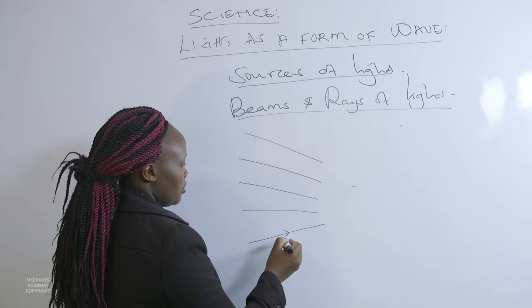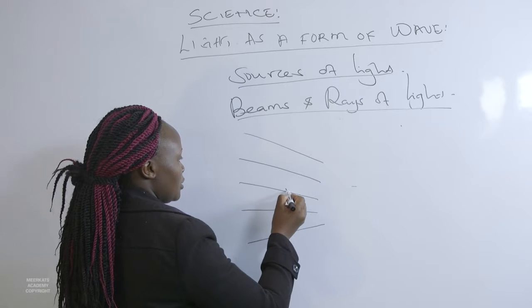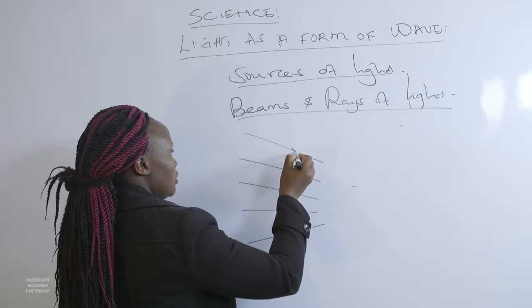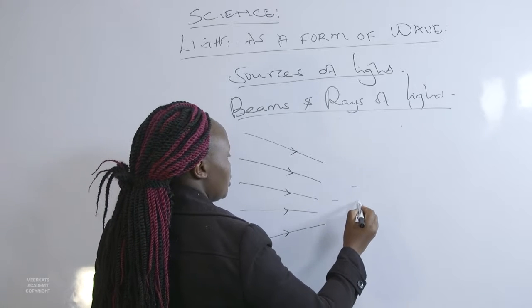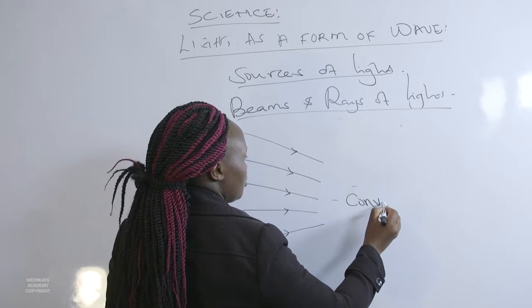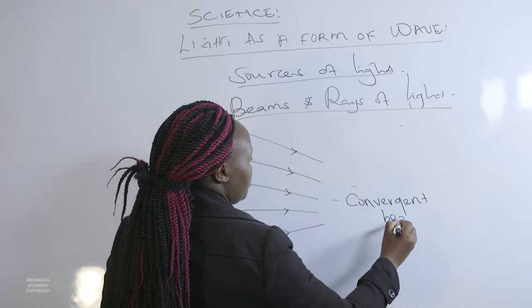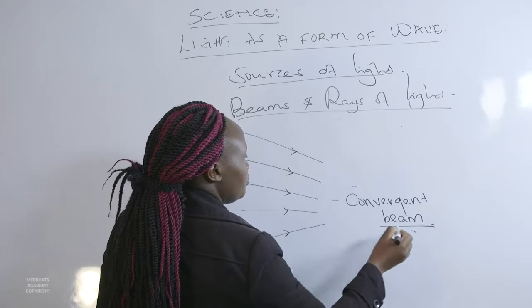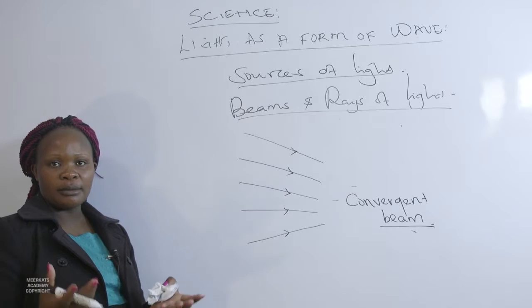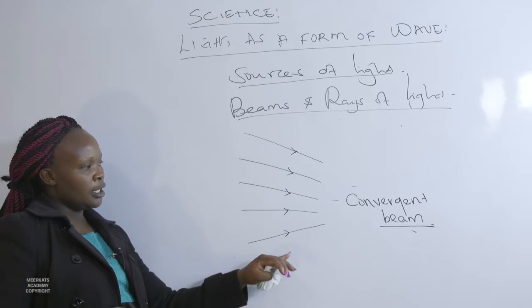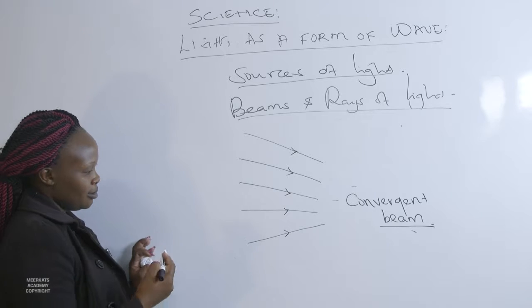That they seem to collect at a point is an example of a convergent beam. Rays are coming from a distant source and collecting at a point.